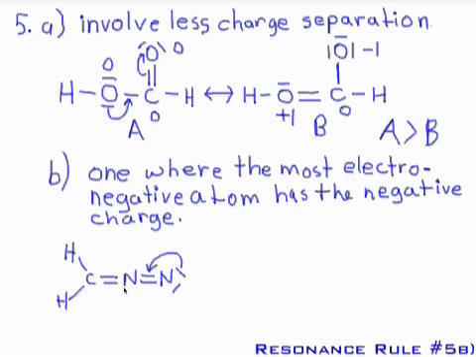Now I can draw a resonance structure where I dump one of these lone pairs and create a triple bond. If I do that, that creates 10 electrons around this nitrogen, so we're going to shift this pi bond to a lone pair on carbon. If we do that, we get a molecule that looks like this. Triple bond to nitrogen.